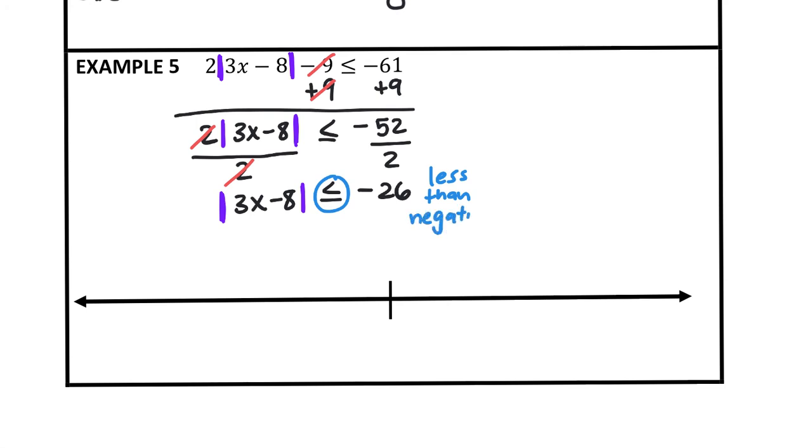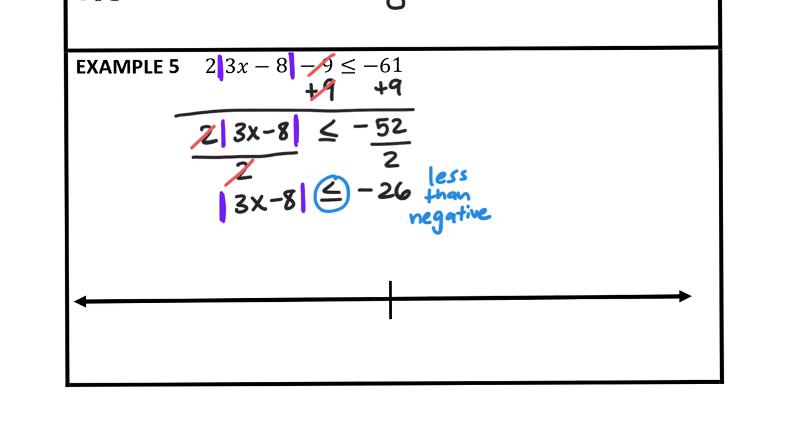So this is another special case, but this is the case where it's false, because everything that I put in an absolute value is going to come out positive. So I can never have a positive number be less than a negative number.